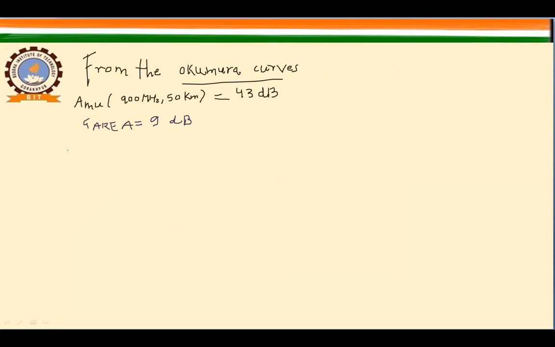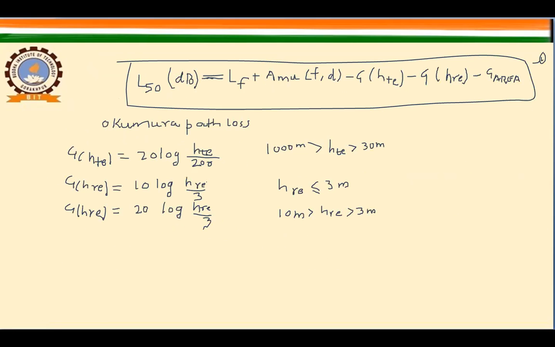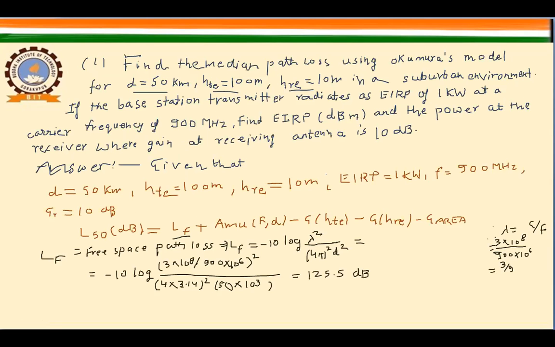So using the equation for G of h of te, consider the height of the transmitting antenna is 100 meter.